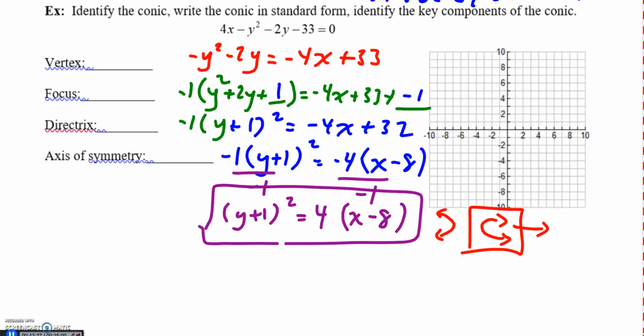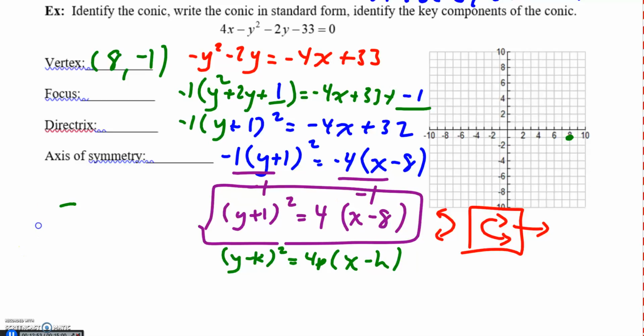So if I write the general form underneath, y minus k squared equals 4p times x minus h, I know, because 4p equals 4, that if I drew a sketch of my parabola, the distance from this side to this side would be 4 units, because 4p is that distance. Again, my goal is to find the p-value because it helps with other things. So if I set 4p equal to 4, I would get that the p-value is 1.